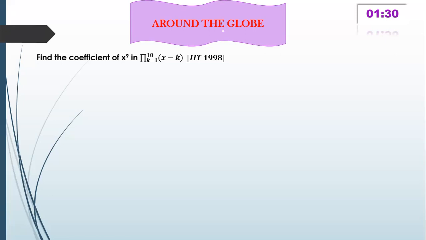See the symbol. So the one who came by the name Jai Mahakal, you are right.